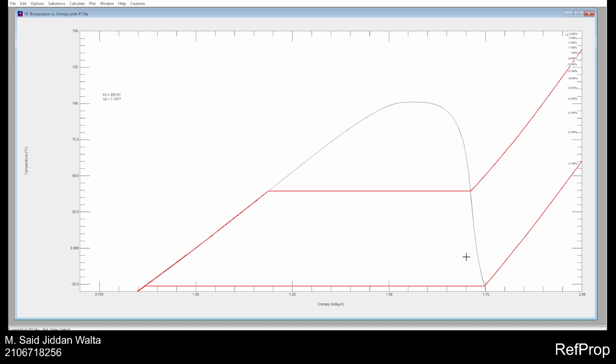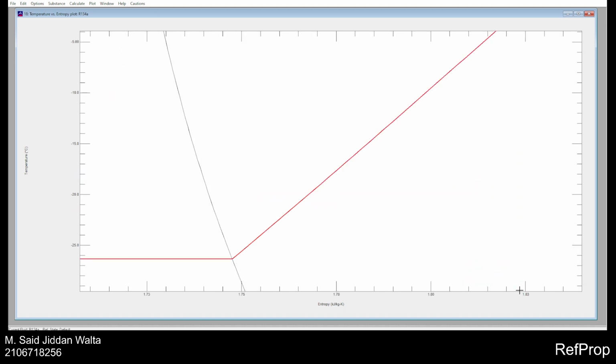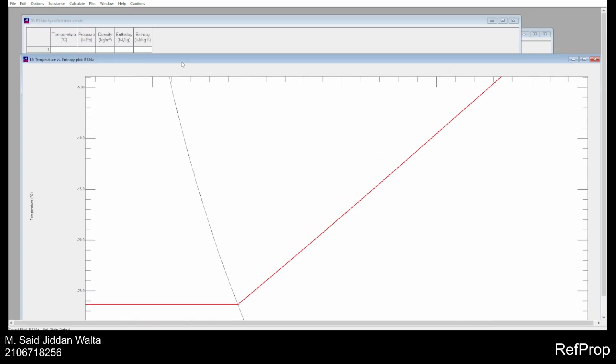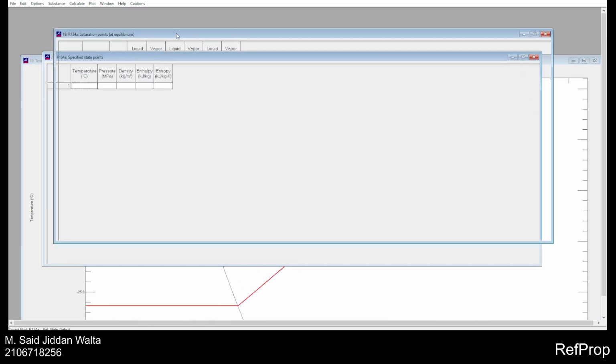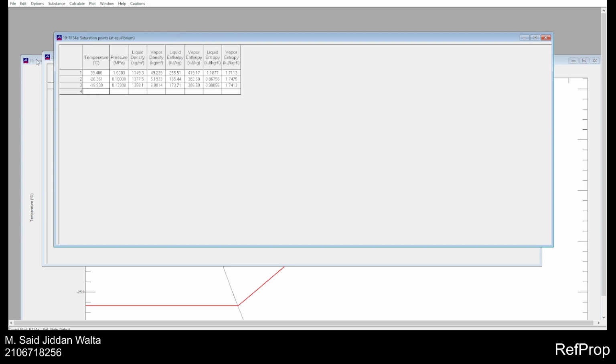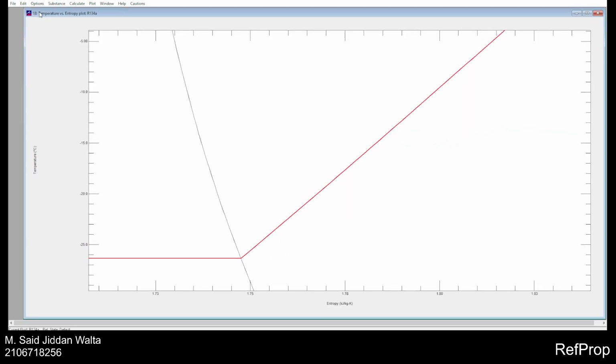So we can just zoom in on this section, and we just try to find a region where the temperature is, what is it before? Minus 19.939 or 94 as accurately as possible.